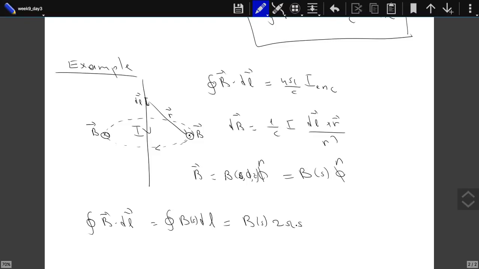What is I enclosed? The total current passing through the area covered by this loop. I or minus I? How do we decide? Yes, the right-hand rule. It is plus I.